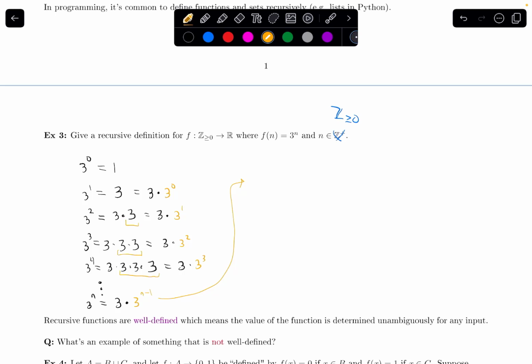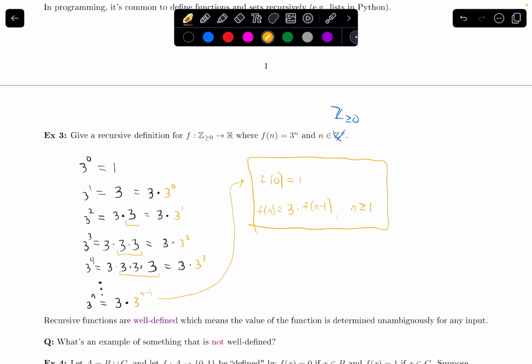So my recursive definition can be, I'll let f of 0 be 1. The initial value is 1. But then after that, f of n will be equal to 3 times f of n minus 1, 3 times the previous value. And that's going to hold when n is greater than or equal to 1. And I got my recursive definition.